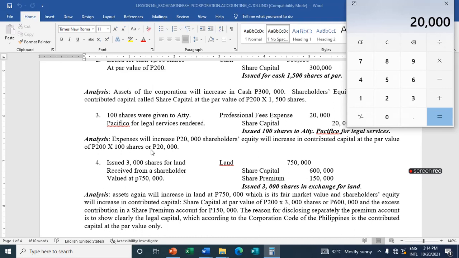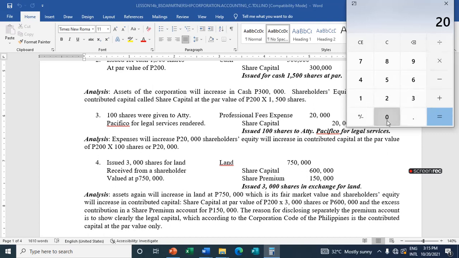In transaction number 4, 3,000 shares were issued for land received from a shareholder, valued at 750,000. The land is worth 750,000, but the company issued only 3,000 shares.